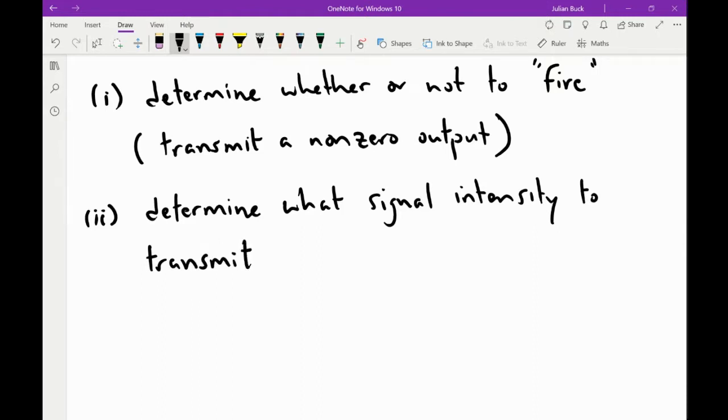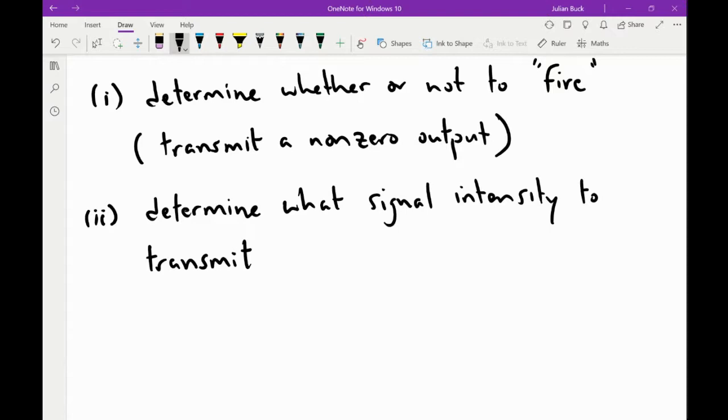So if we do send out a signal, how strong should that signal be? And how can we control the strength of that signal? This is a part that we haven't really seen yet, because in the perceptron examples we've already looked at, we were simply outputting a 0 or a 1. So there was no actual control of signal intensity. It was either fire or don't fire.